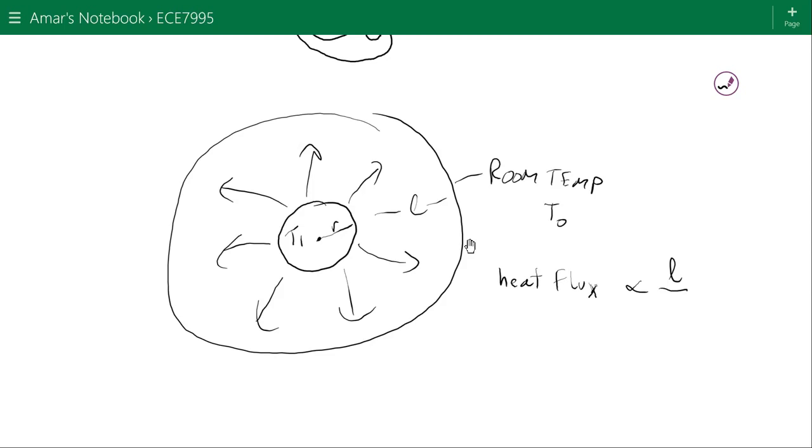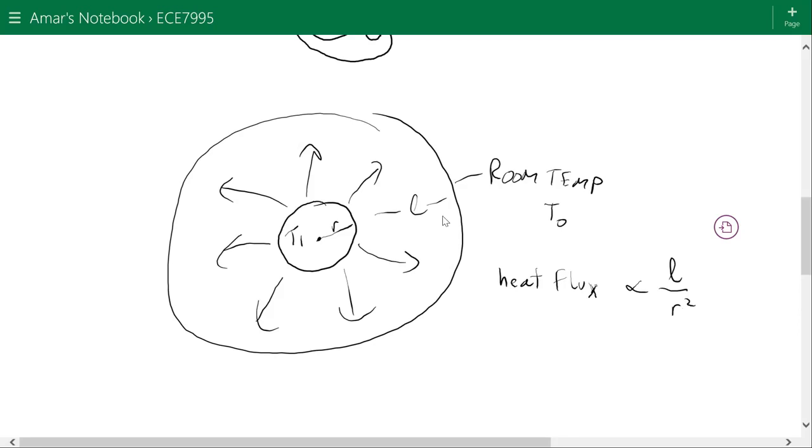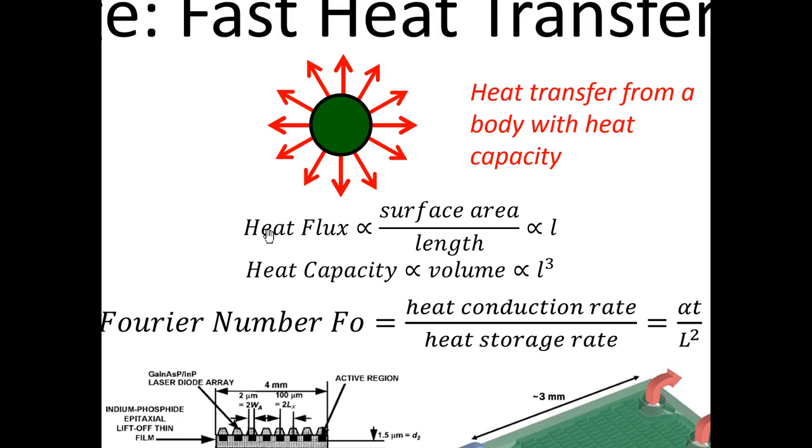The surface area has to do with r squared. So the closer this room temperature object is to the heated object, the more heat flux you're going to have. The more surface area you have here, the more the heat is going to flow between the two. So for the heat flux, the surface area divided by the length, this comes out to L. This scales as L.